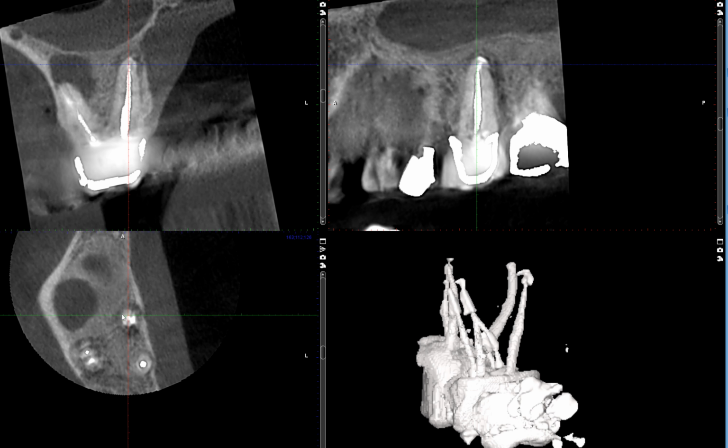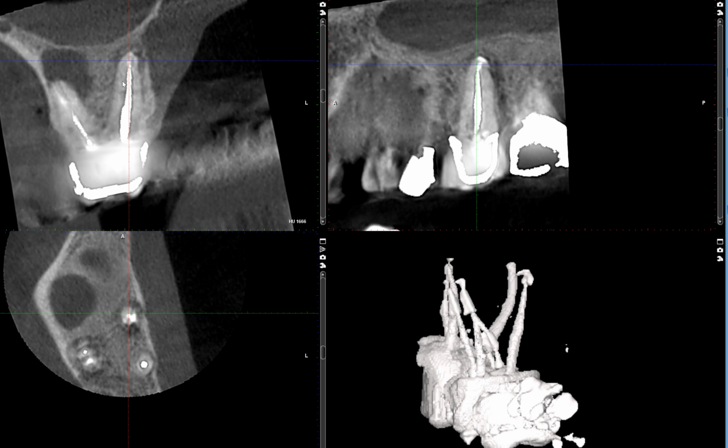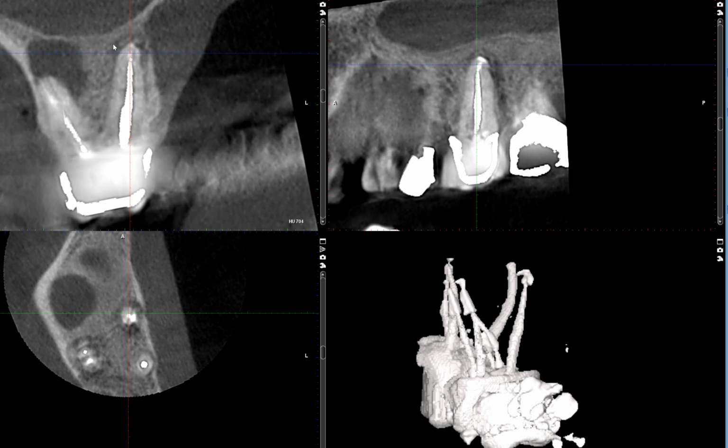If you take a closer look at the palatal root, you do see that there is a kind of radiolucency around the apex. Once again, if you look at this coronal view, there is a radiolucency, but yet it is filled with bone. So what that tells me is this was probably the original outline of the periapical radiolucency, and after the endodontic therapy, this area has healed now and remodeled.